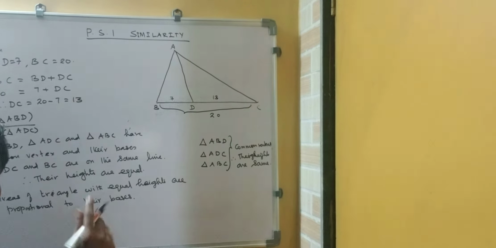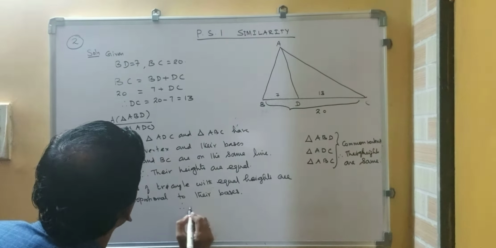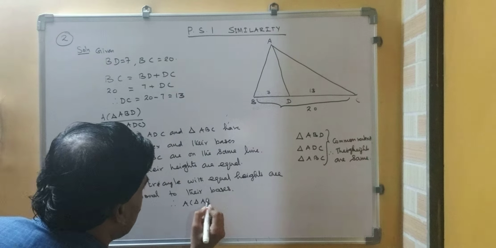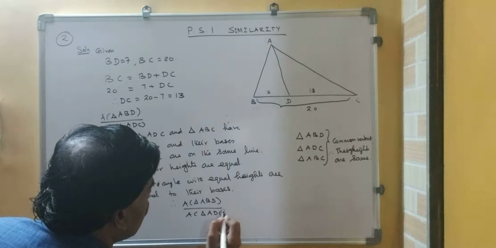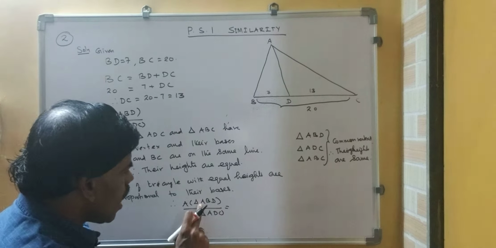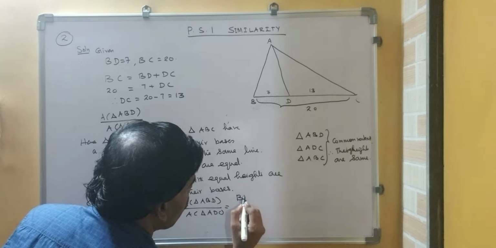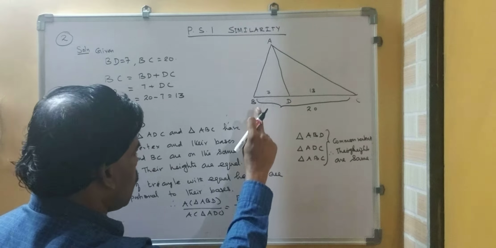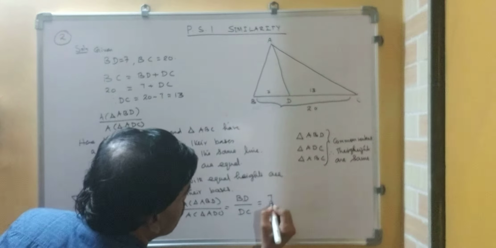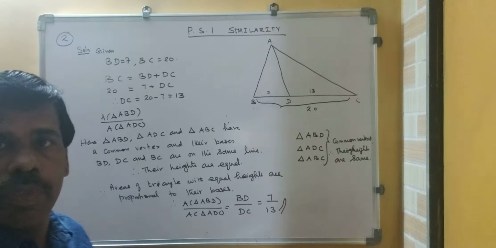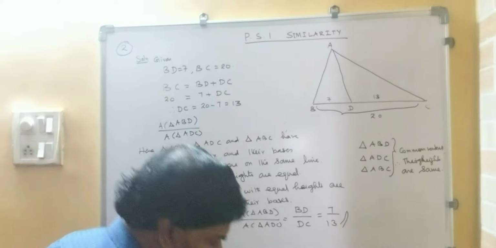Therefore, area of triangle ABD upon area of triangle ADC equals the base of triangle ABD, BD, upon the base of triangle ADC, which is DC, 13. So it is 7 upon 13. This is one result.